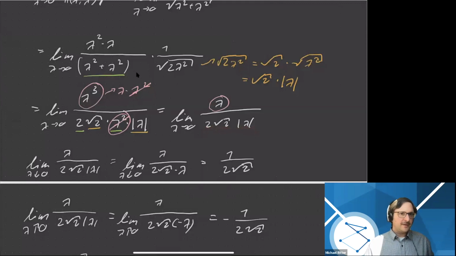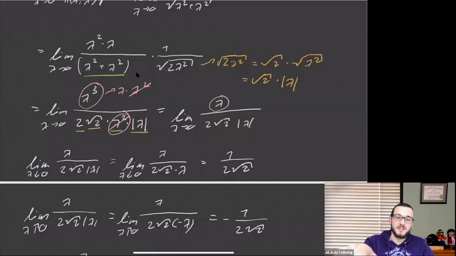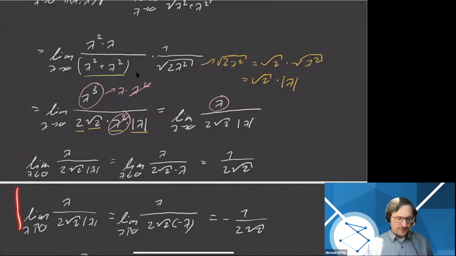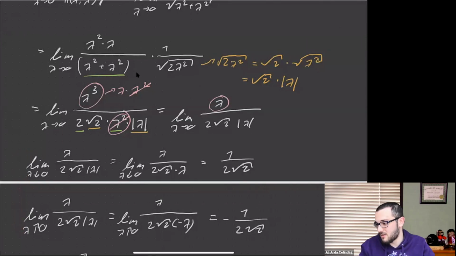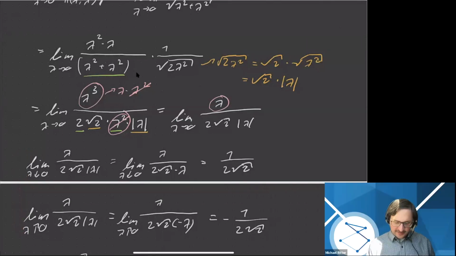Yeah, I think they were asking because we changed the limit from lambda going to 0 to going to 0 from above, and that would let us get rid of the absolute value. You mean in this step here and the next one? Yes. Right, so I cannot cancel this absolute value and this lambda yet.